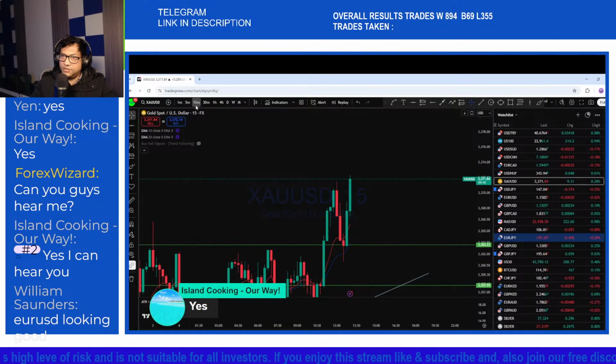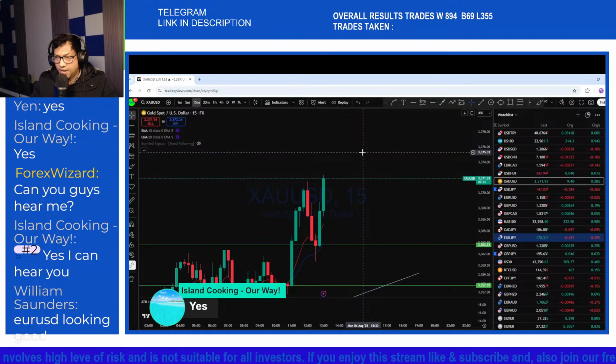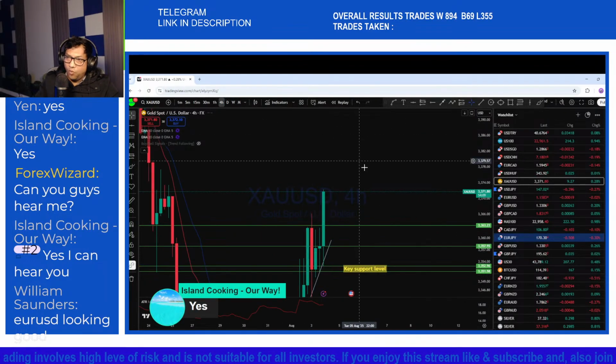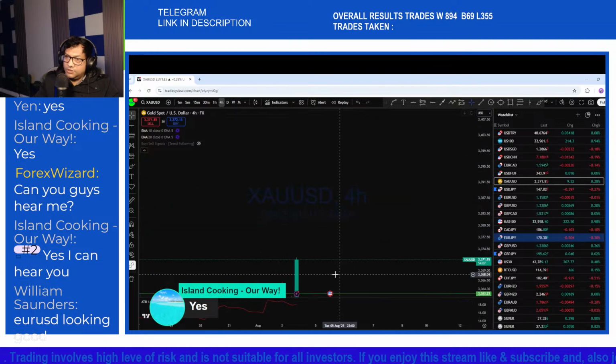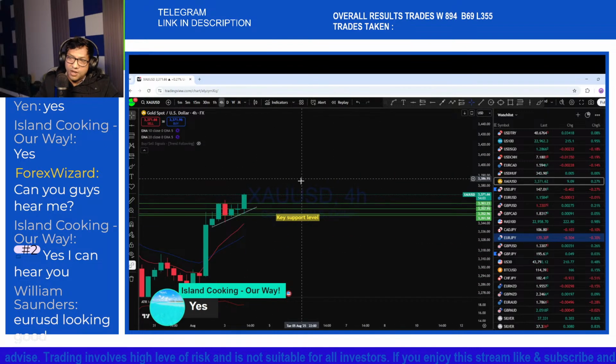You can see it's still maintaining that bullish market structure in that area. We will be entering on a pullback. Looking at the daily and 4-hour, the price is now currently at a new high.